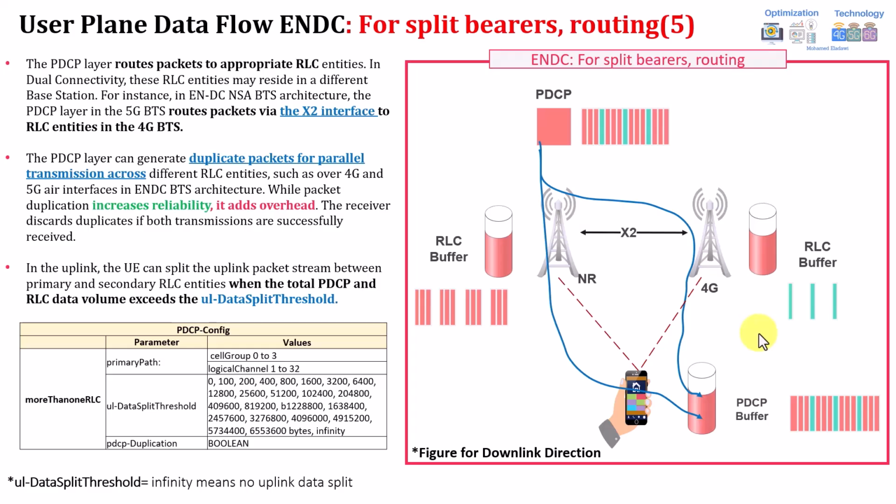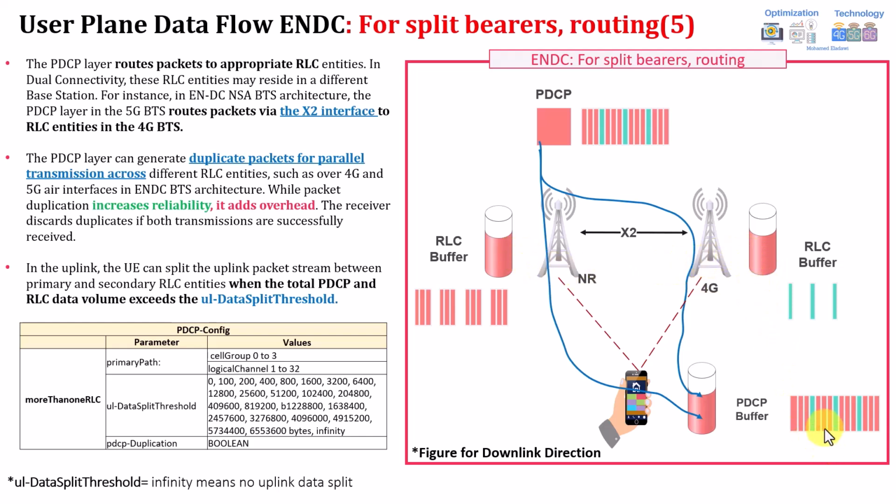So that's why sometimes it's critical to be careful when enabling data split, for example, for very high intersite distance. For example, if you have a neighbor site which is 4G only and you are enabling this site as the anchor layer and extending the 5G coverage too much, this can increase the delay, because the 4G will have very poor performance, and even the 5G as well, or either of the legs.